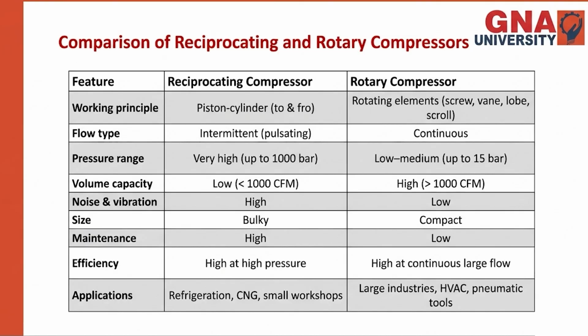If we talk about the efficiency, then high at high temperatures, high at high pressures, high at continuous large flows. So if we want the supply at a higher pressure, then we will employ the reciprocating type of compressor. But if I want a continuous supply of the compressed air at a low temperature, then we will employ the rotary type of compressors.